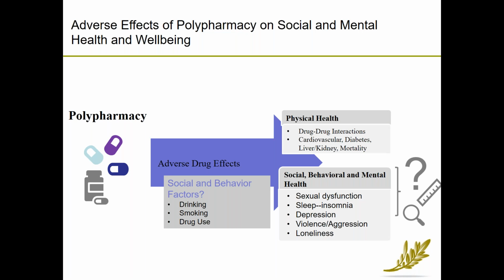And I'll be focusing on sleep and how we used NSHAP to look at medications that have sleep side effects, specifically insomnia. And we used the measures of sleep in NSHAP to look at if there's an association between polypharmacy or the use of multiple medications with these insomnia symptoms.